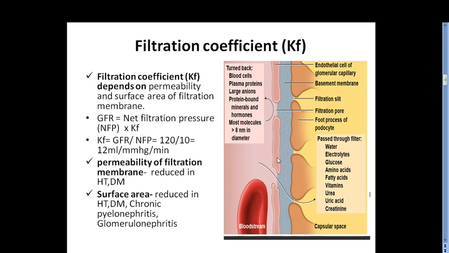That's why there is a decrease in surface area as well as permeability, and ultimately they lead to chronic renal failure. There are also inflammatory conditions related to the kidney, like pyelonephritis and glomerulonephritis. These involve the nephrons. In this case also, there is a change in the permeability and surface area of the membrane, which is why there is a fall in glomerular filtration rate.